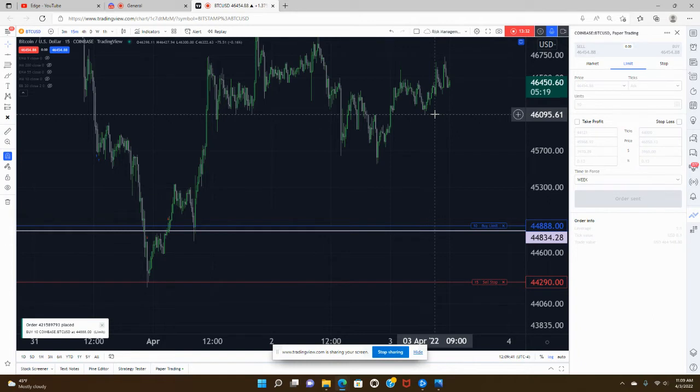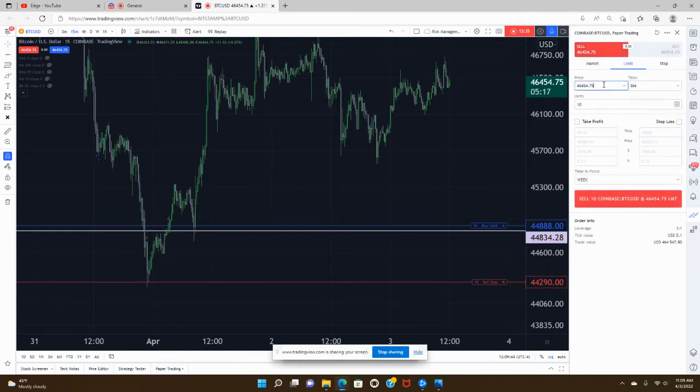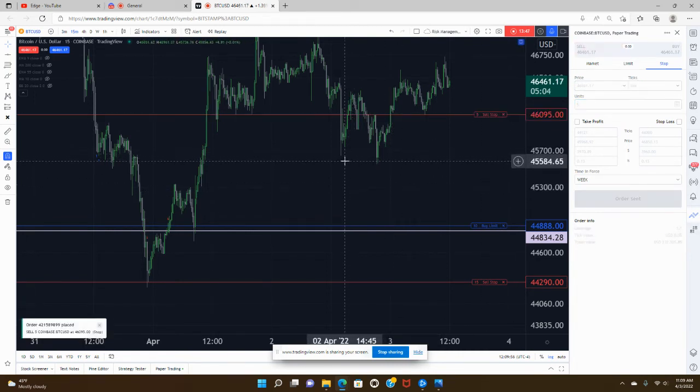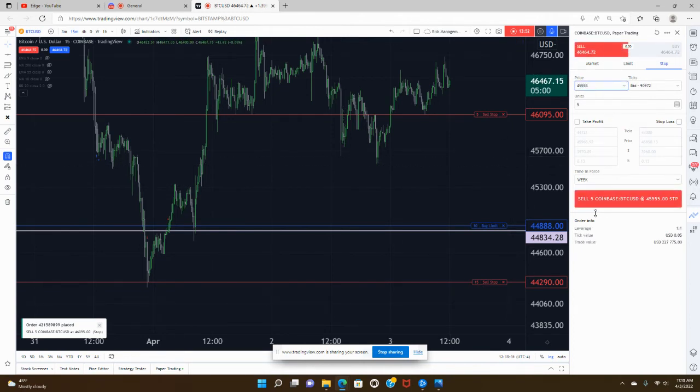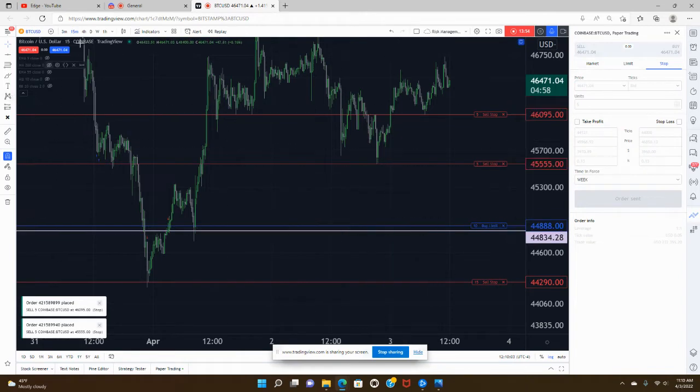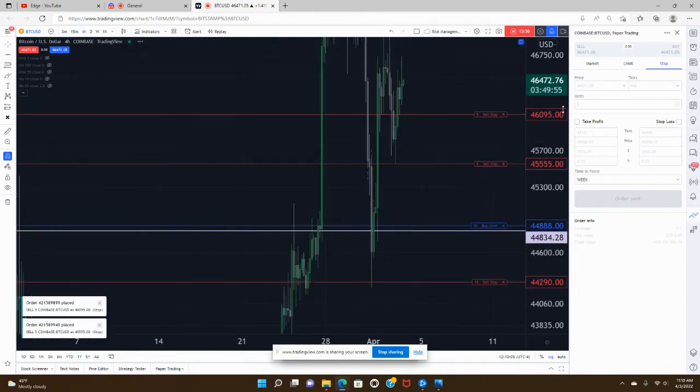Let's see, 46095, and roughly 4555. What I'm just doing is managing risk and profit here.